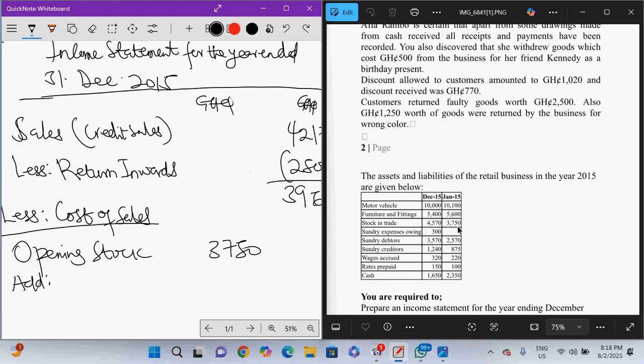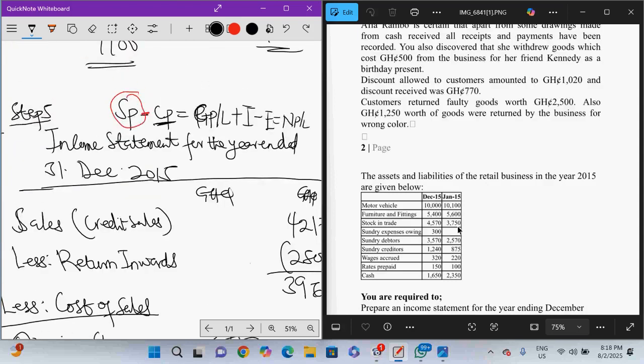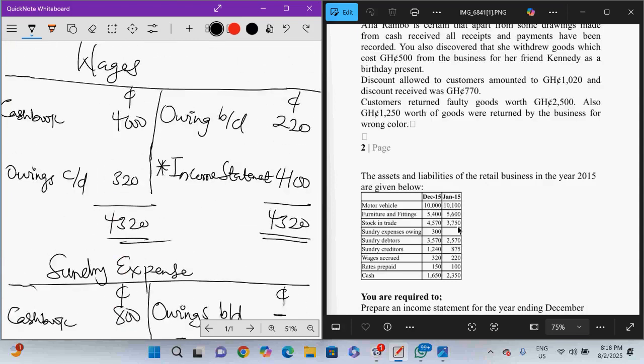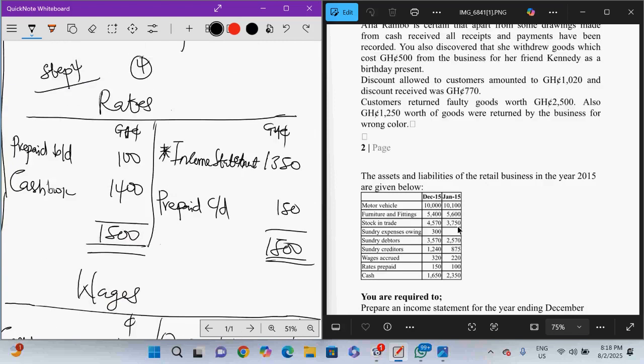Here the purchases, we have credit purchases. Meaning there is cash purchase, we have added it. So how much is the credit purchase? 30185.